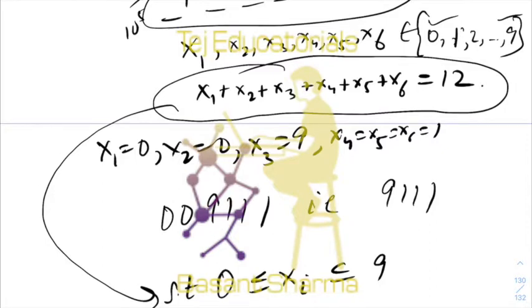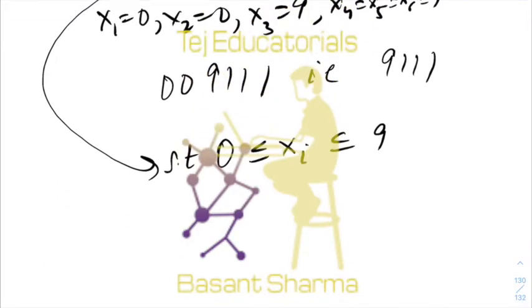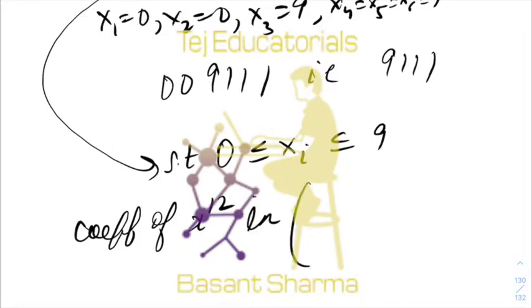Now the required number of integers will be the coefficient of x to the power 12 in this.